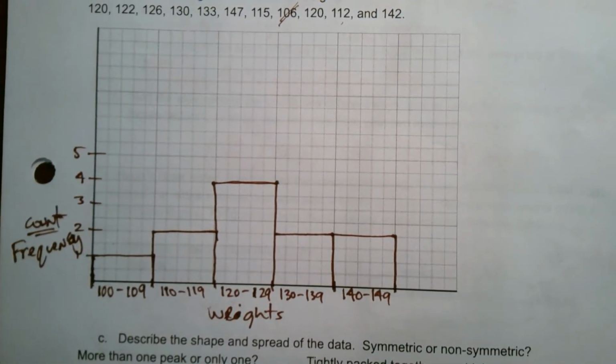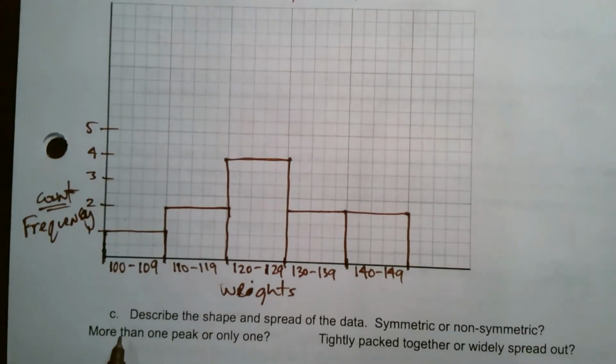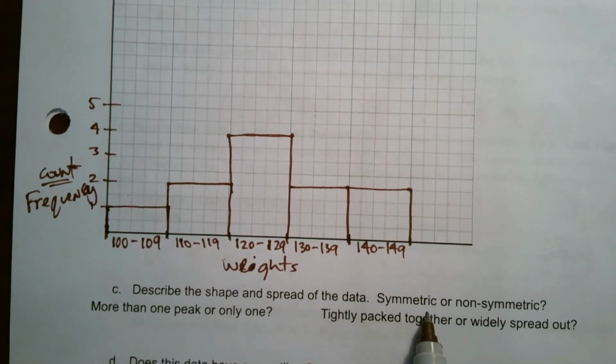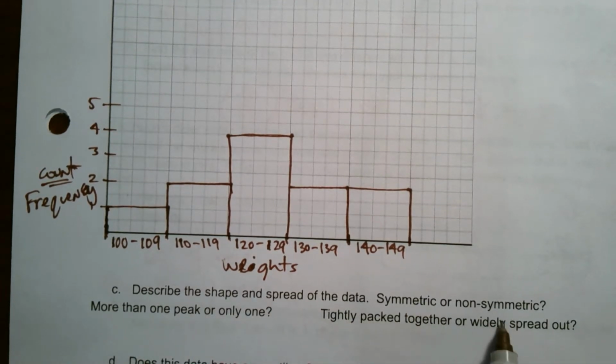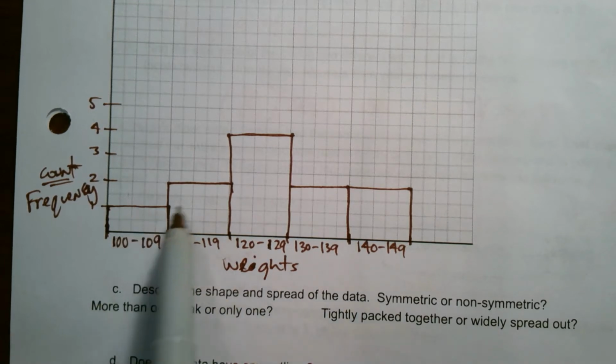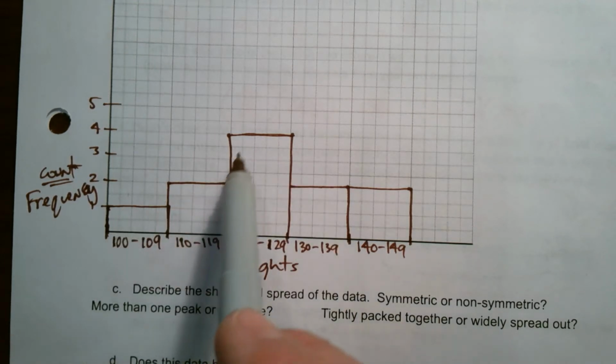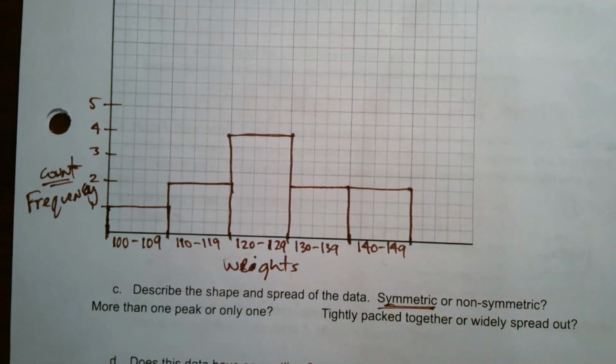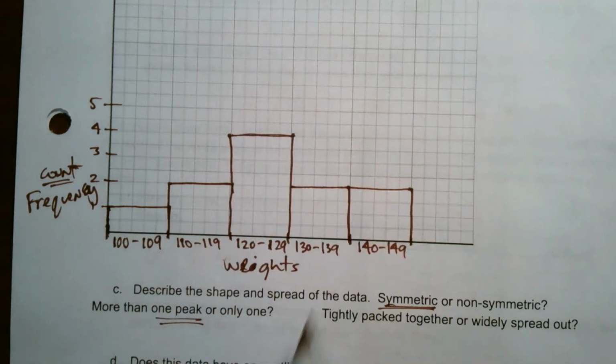All right. Now, from there, part C, we are looking to describe the shape and spread of the data, symmetric or not symmetric. If you look at this data, it starts low, goes up to the middle, and goes back down. So we would call that symmetric, and it's got only one peak because it goes up in one peak. And then it wants to know if it's tightly packed together or widely spread out.